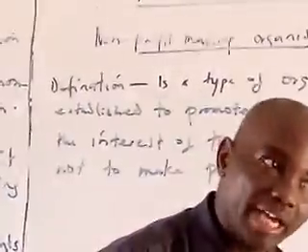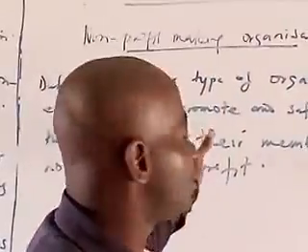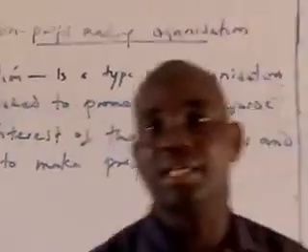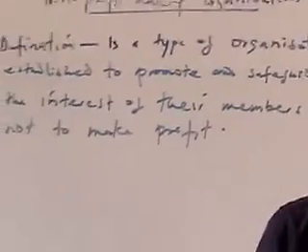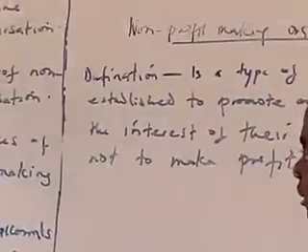So that's just a simple definition. In WAEC, if you are able to give this definition, you will get your 5 marks or 2 marks. Now, we want to progress.